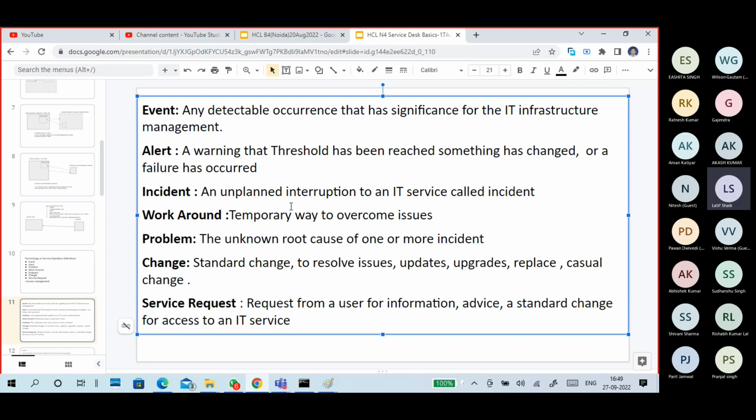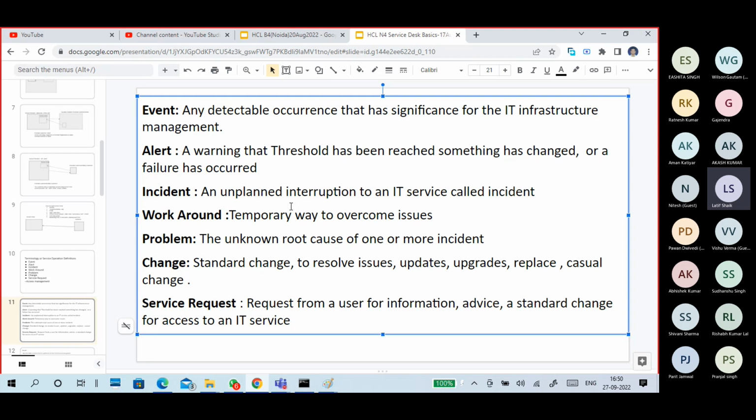In this one, it is written like a temporary way to overcome the issue. It's not only temporary, but fixing the issue immediately, whether it is fixed permanently or temporarily. What's important is that if you don't fix it immediately, it may have more impact on a service, on the customer, and on other services.